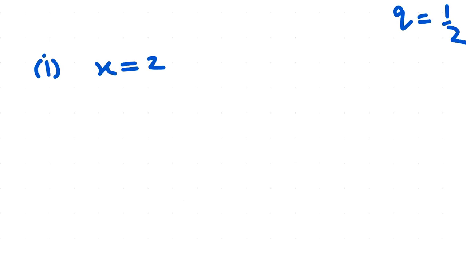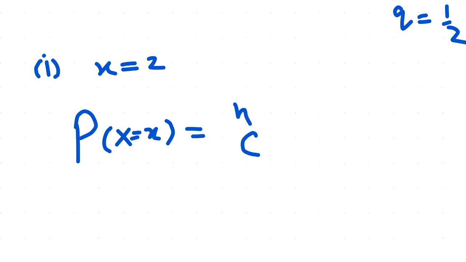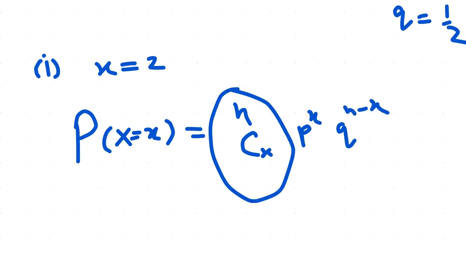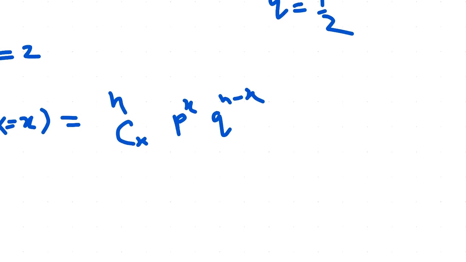P(X = x) is equal to, the formula is this, nCx, p to the power x, q to the power n minus x. This is combination. We will use the combination formula here. I'm telling you what it is, okay?